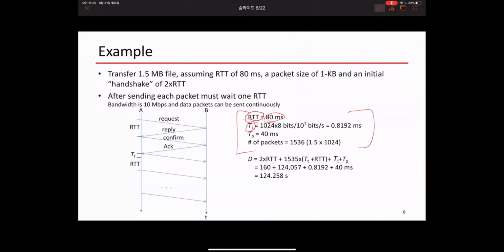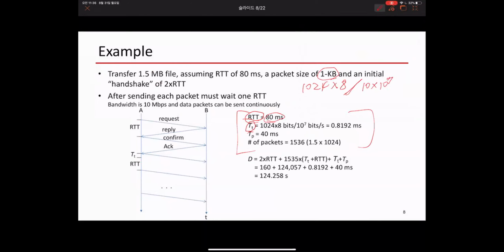And for the transmission time, I have 1 kilobyte, which I have to convert to bits. Therefore, it's 1024 multiplied by 8. Then I have bits. Then I have to divide by my speed, which in this case is 10 Mbps, 10 multiplied by 10 to the 7.